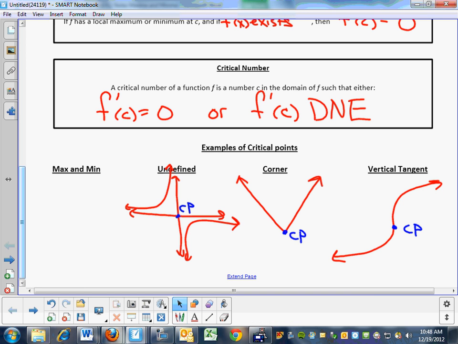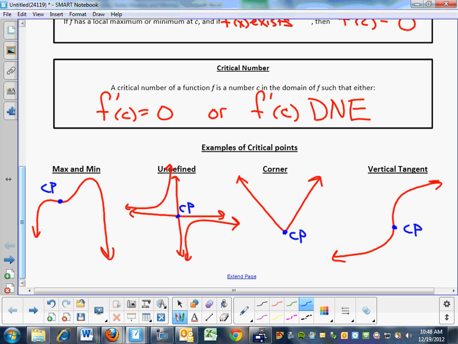You could also have graphs that look like this. Anywhere where the derivative is equal to 0, so we could say, right there, I tried to draw it the best I could. Suppose you had a triple root. That would be an example of a critical point. Here's a critical point where you have, again, the derivative equal to 0. So those are all points.